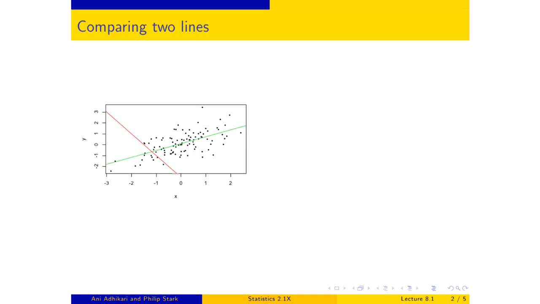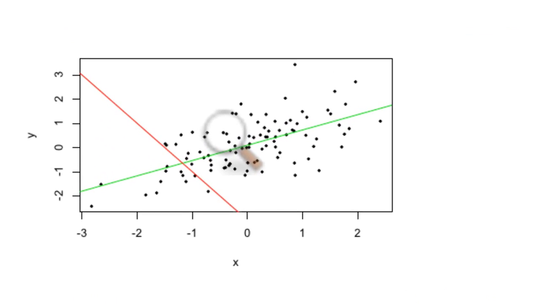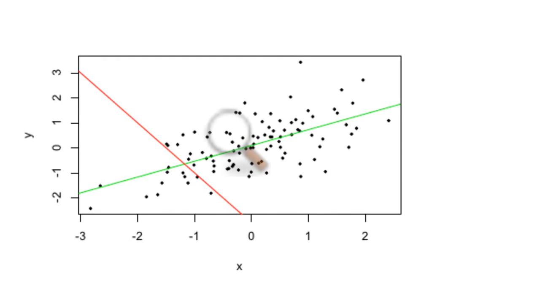So what I'm going to do is put both of the lines on the same diagram, and now the object still is to estimate values of y given values of x. And here is where you see the green line doing much better, because, for example, if you take a point like one of these, then they are not so far from the green line.